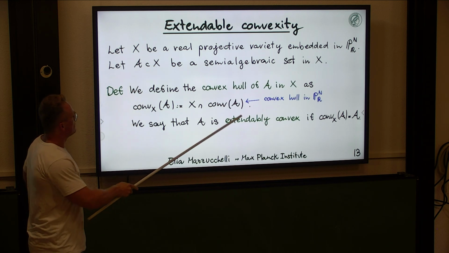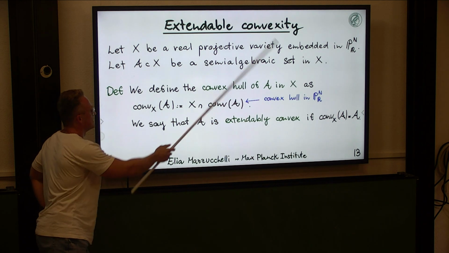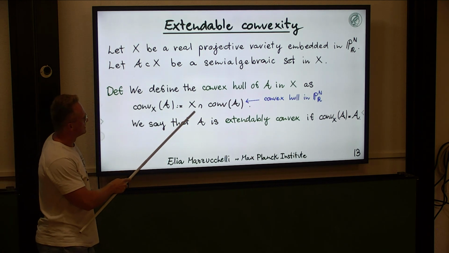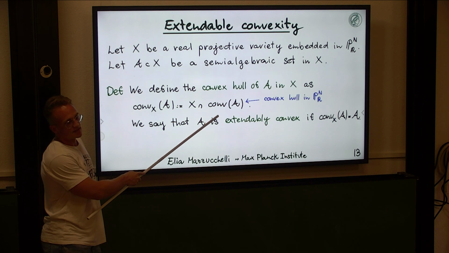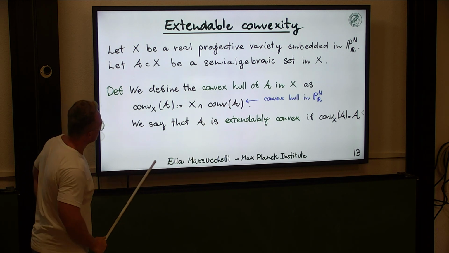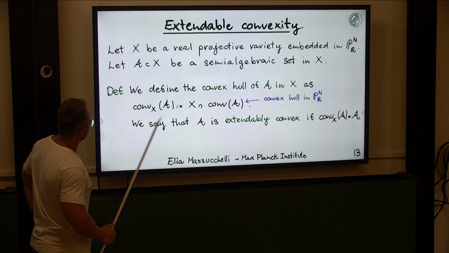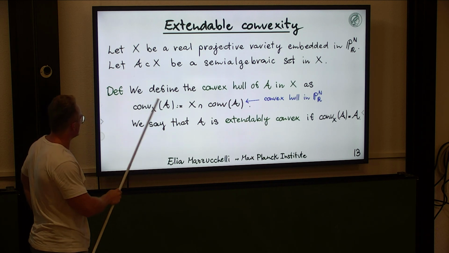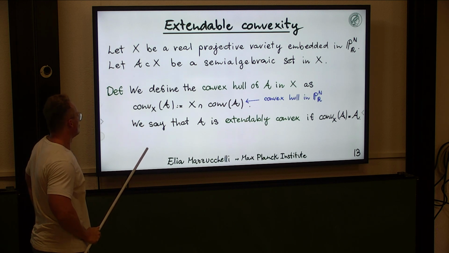Then we define the convex hull of the semi-algebraic set inside the variety as the intersection of the variety with the convex hull in the ambient projective space. This is a very naive way to define something like the convex hull operation for semi-algebraic sets inside a variety.